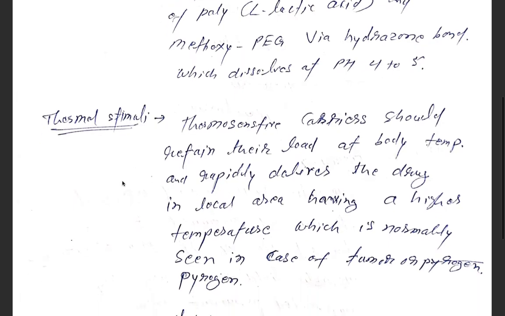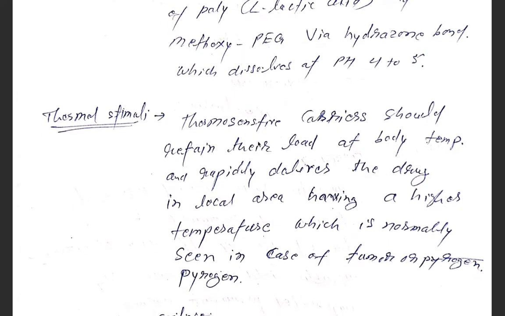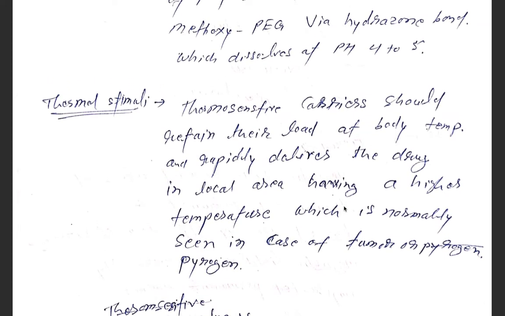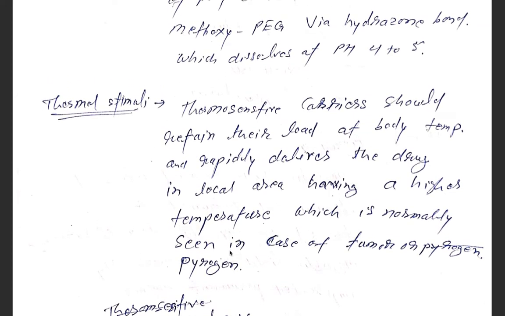Thermal stimuli. In thermal stimuli, thermosensitive carriers should retain their load at body temperature and rapidly deliver the drug in a local area having a higher temperature, which is normally seen in the case of tumor or pyrogen. Here, based on temperature, the drug carrier releases the drug in the part where the temperature is higher than the normal temperature.